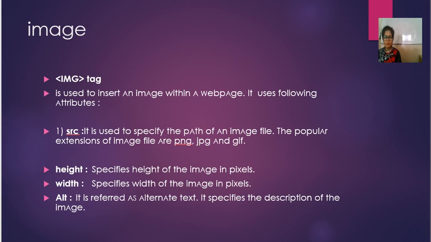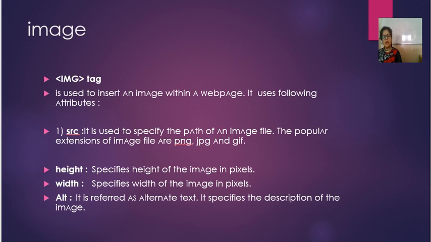Now the next attribute of the img tag is height. Now why do we use the height attribute? The height attribute is used to specify the height of the image. Height of the image means if you are applying an image on a web page, let's suppose you have to decide the height of the image. So you can simply give the height of the image by using the height attribute.